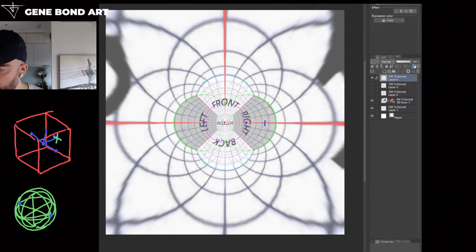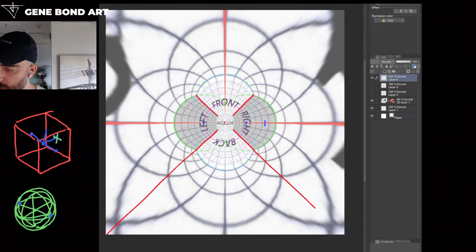So you see how this 45 angle is the sides of a cube, corners of a cube. And you see how beautiful the symmetry is here.